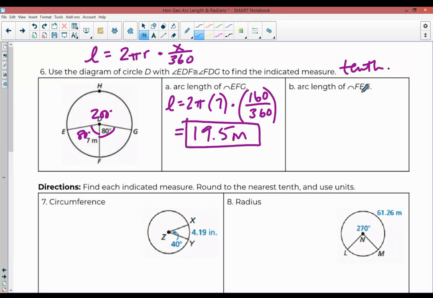Now the arc length of major arc FEG, so that's here. It's all but 80, so it'll be 280. So the length is 2 pi, the radius is still 7, times now 280 over 360.